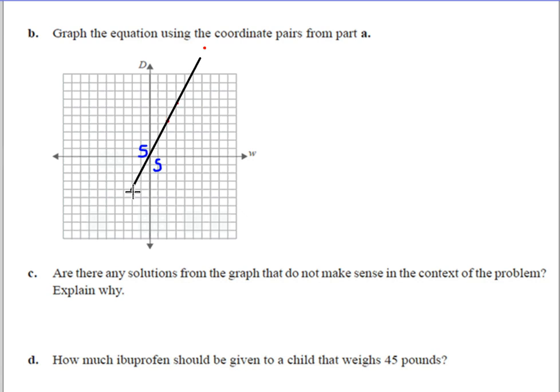That looks like it's about right. And so again, let me add my arrows on it because it is a line, not a line segment.